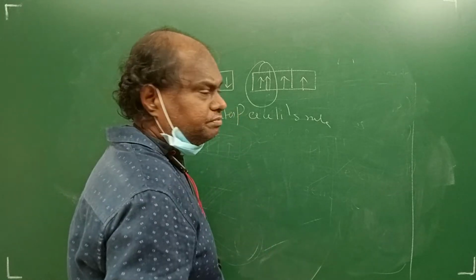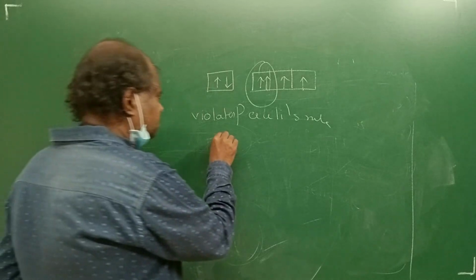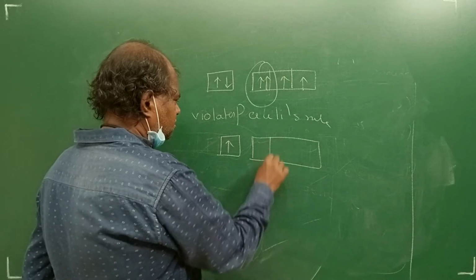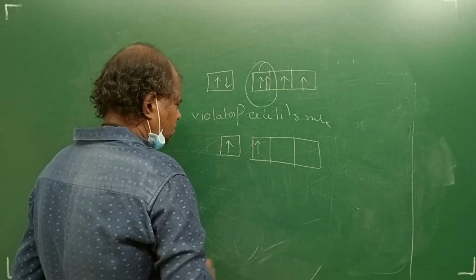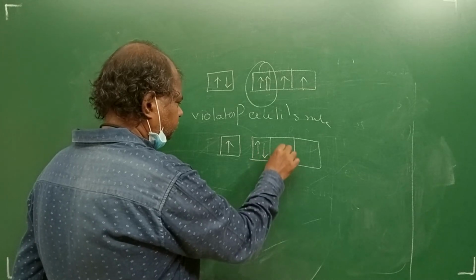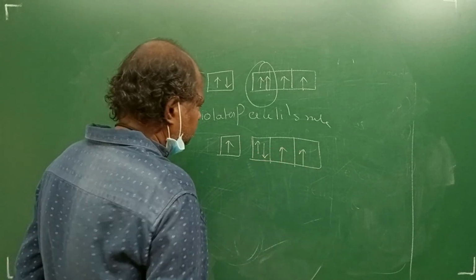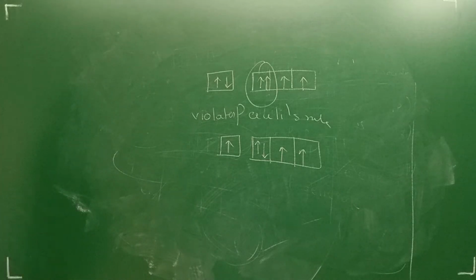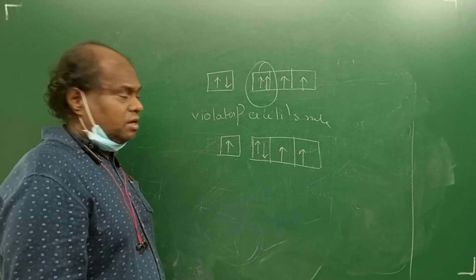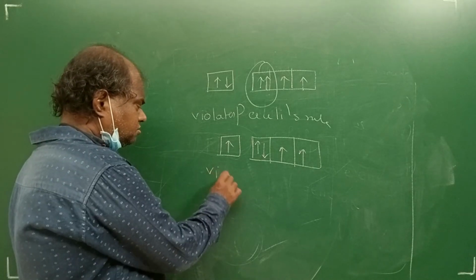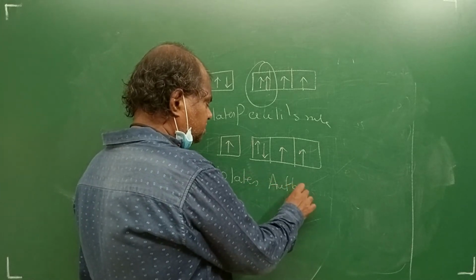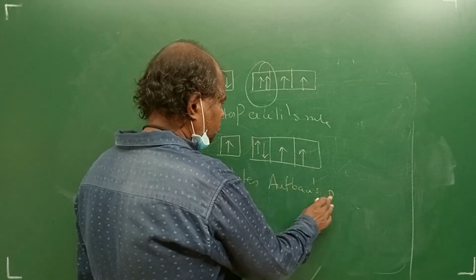Like this, a question will come. Suppose I give you an arrangement like this. This violates which rule? This violates Aufbau rule. Now why Aufbau? Just see why it is violating the Aufbau rule.